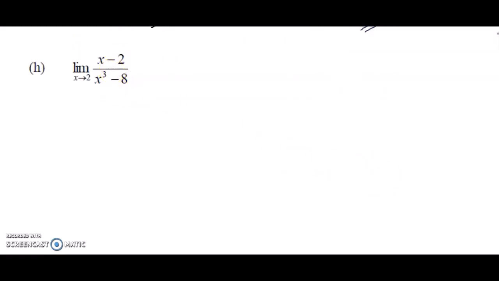For this example H, because this involves a cubic polynomial, if I need to factorize, I need to find the first 0. But before this, again, we get 0 over 0, meaning that substitution failed. I know I need to factorize the cubic polynomial.